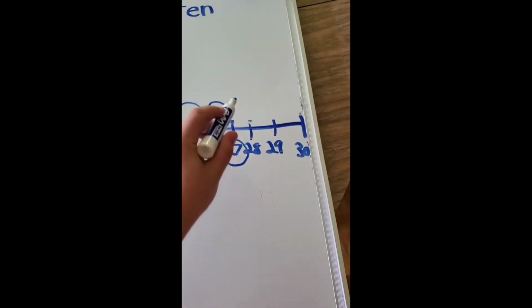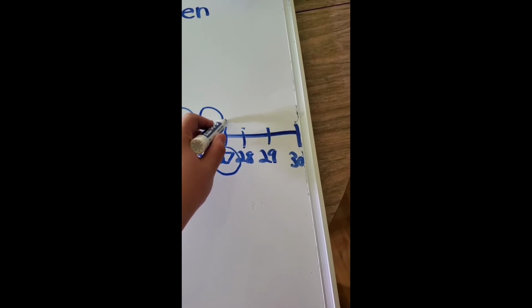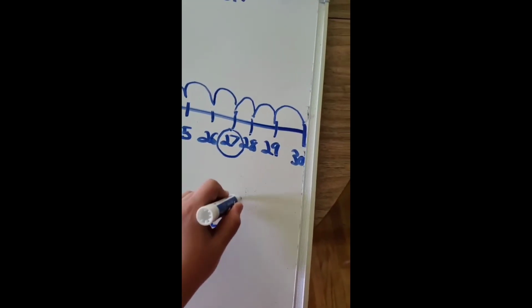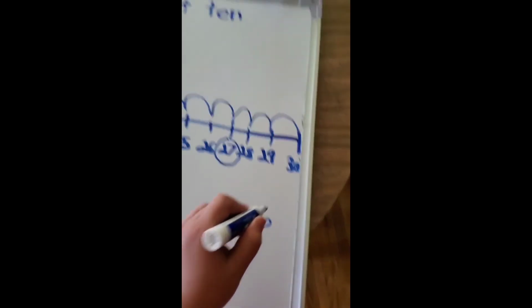Let's count the hops. 1, 2, 3. 3 hops. What nearest 10 is it closer to? I hope you guys got 30 because I did too. Okay? That is so cool. It was super easy, wasn't it?